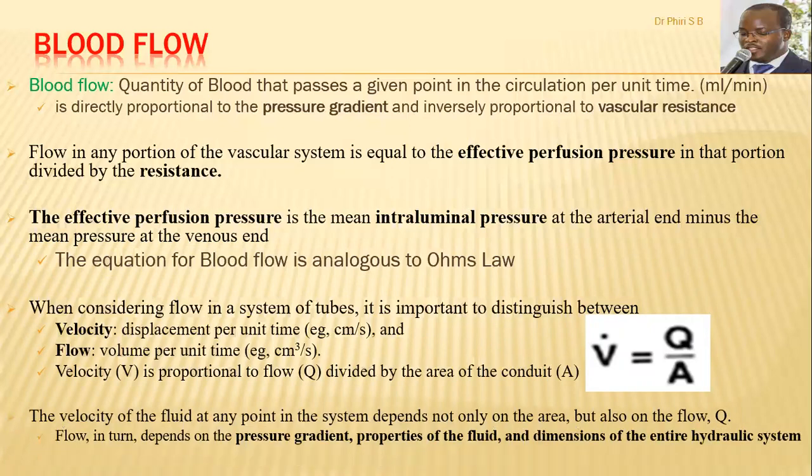So it's different. The velocity of the fluid at any point in the system depends not only on the area, but also on the flow, which in this case is blood flow.